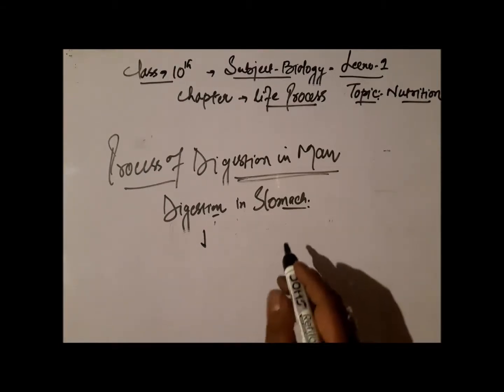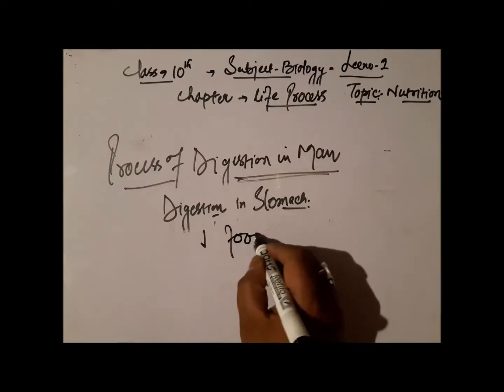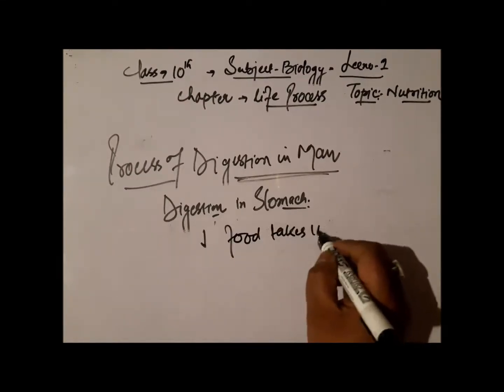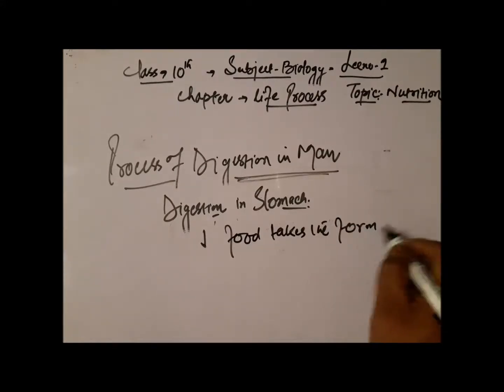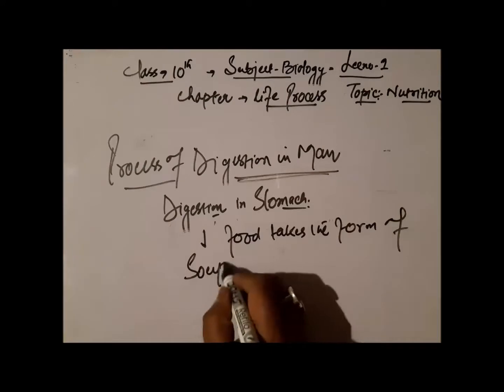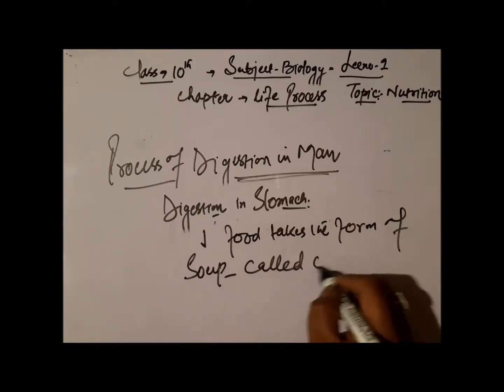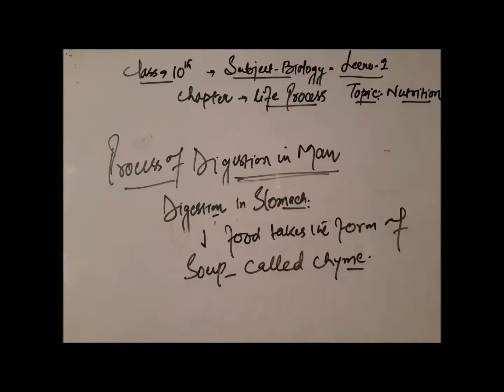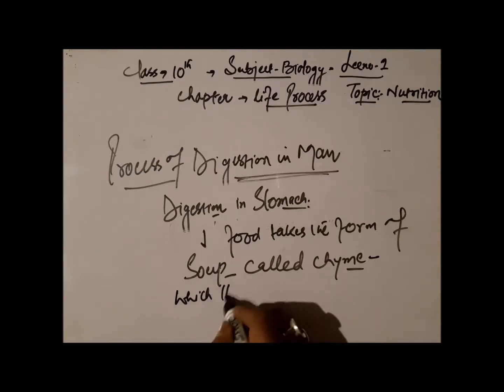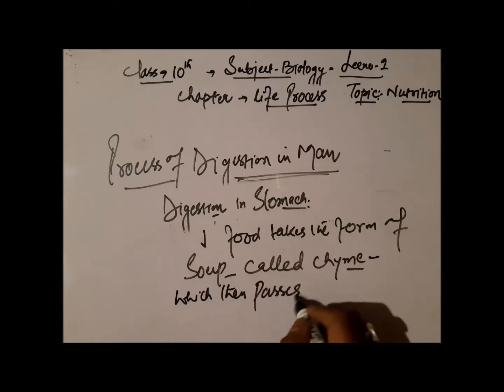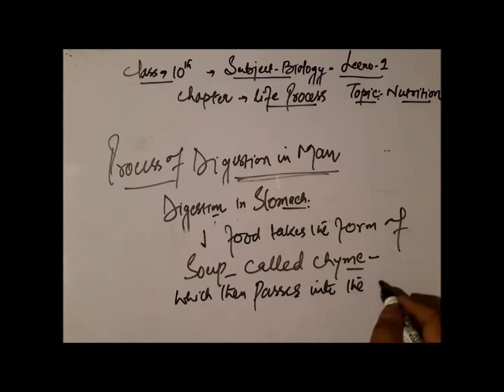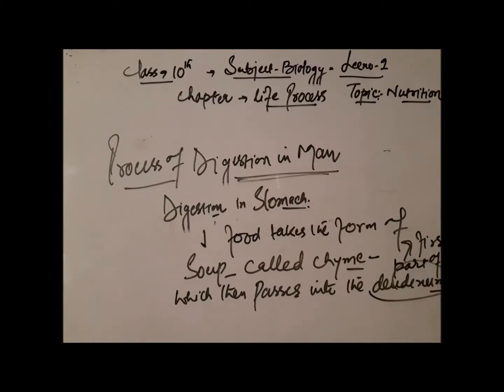Food takes the form of soup in the stomach, and that is called chyme, which then passes into the duodenum. And the duodenum is the first part of the small intestine.